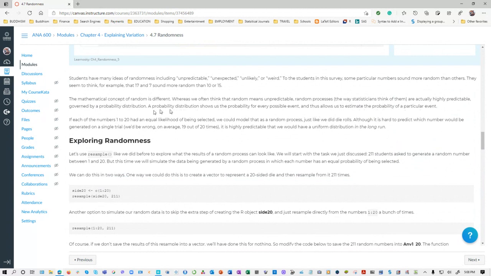If each of the numbers 1 to 20 had an equal likelihood of being selected, we could model that as a random process, just like we did with die rolls. Although it is hard to predict which number would be generated on a single trial, it is highly predictable that we would have a uniform distribution in the long run.